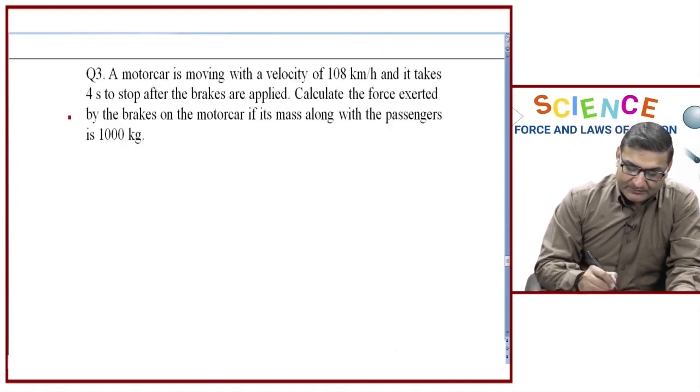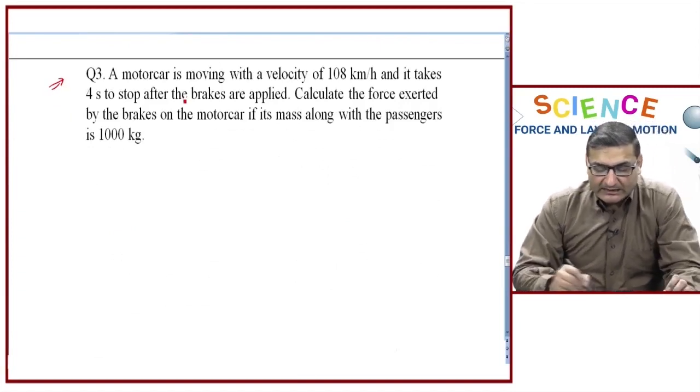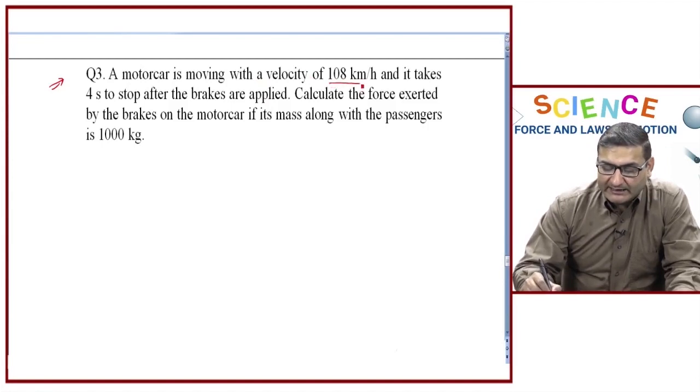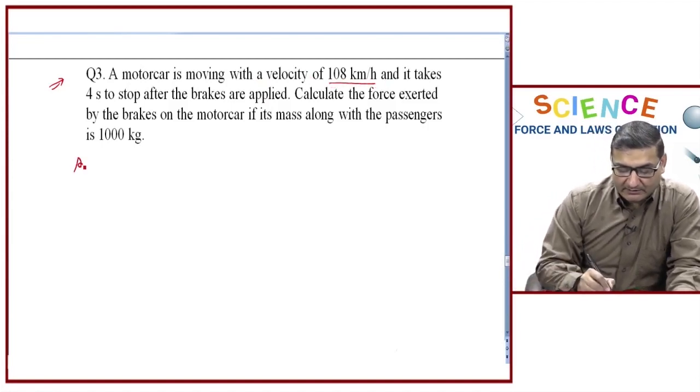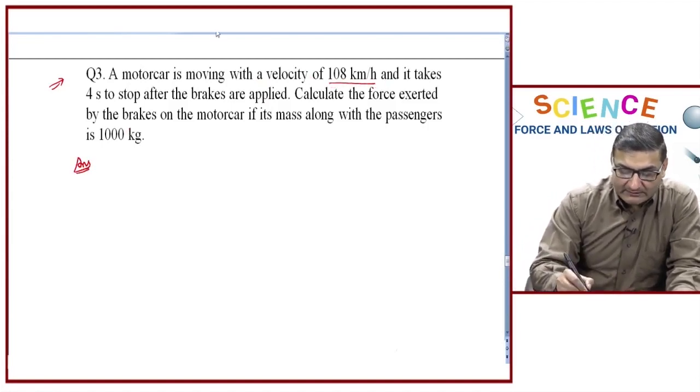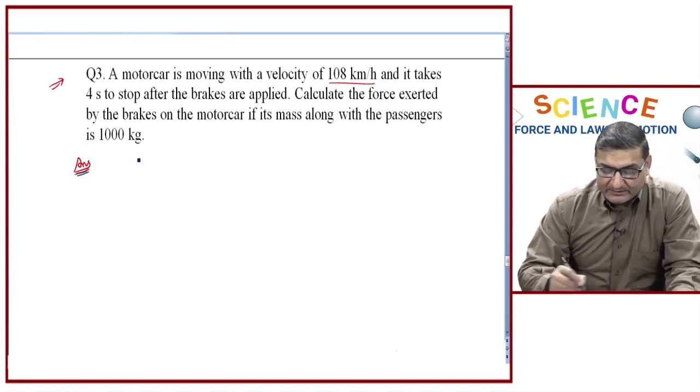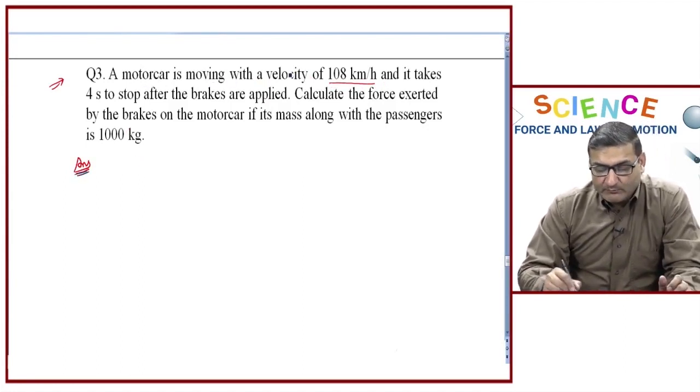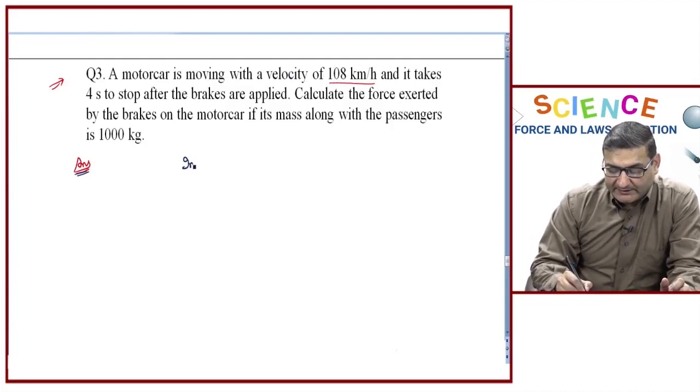Next, now let us see, a motor car is moving with a velocity of 108 kilometer per hour. Let us see what exactly is given to us in the question. This motor car is already moving with this velocity, that means it is the initial velocity given to us.